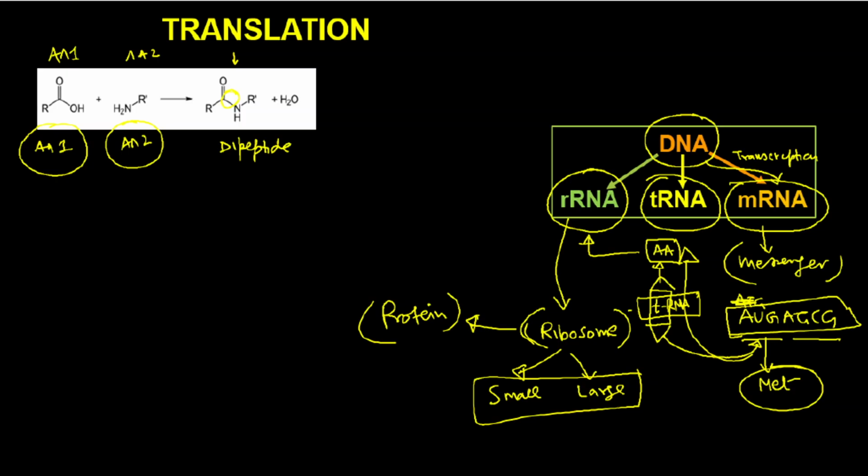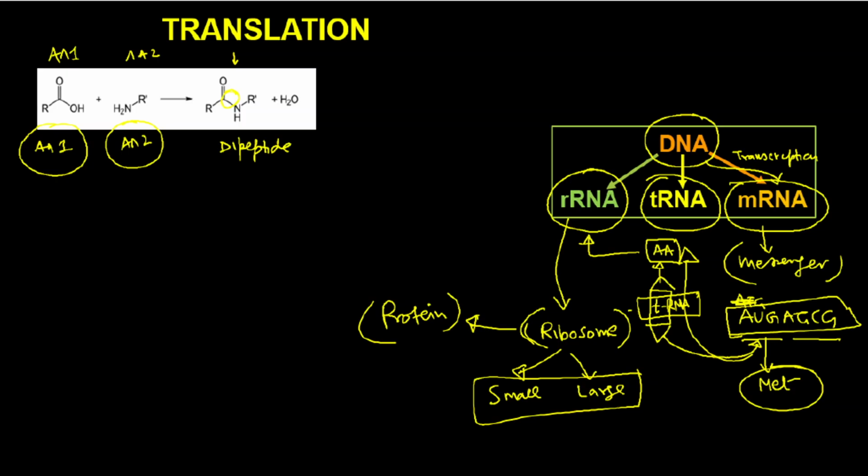These rRNAs, along with different proteins, will make the ribosomes, and those ribosomes will help in translating the mRNA into protein. tRNAs are those RNAs which will bring the amino acid required to form the protein and also help in the formation of a peptide bond.